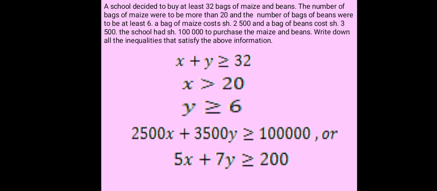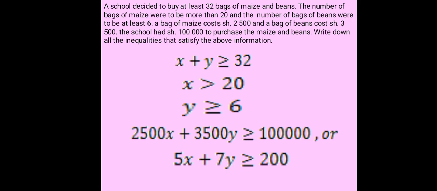And then the budget. We have the bags of maize multiplied by the price, and the bags of beans multiplied by the price, we get the amount that the school has available to spend.